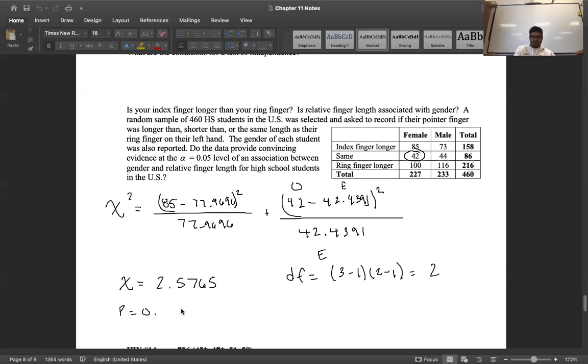Sorry, 0.356. So this is greater than alpha, and because it's greater than alpha, we fail to reject. Because we fail to reject H0, there's no association between gender and finger length. The reason we do all this is to determine if H0 is true or H1 is true, and we basically say that there is no association between gender and finger length.